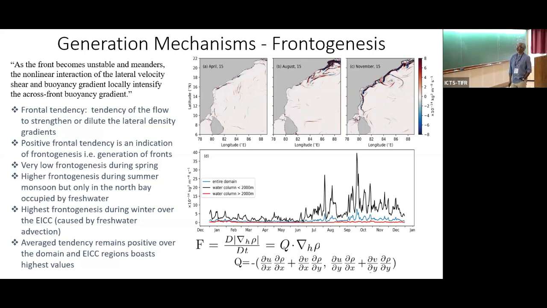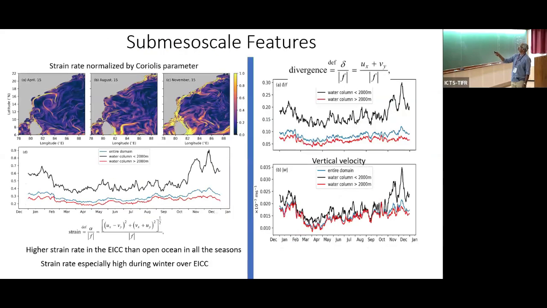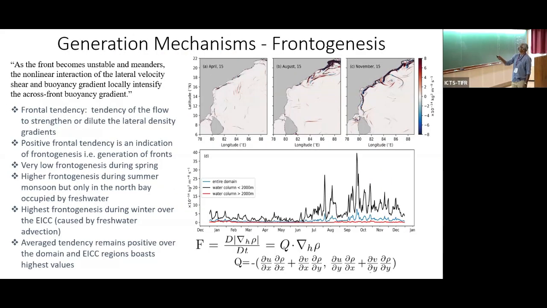So this is an indication of the tendency of the flow to strengthen or dilute the lateral density. A positive frontal tendency is an indication of frontogenesis, and a negative frontal tendency is the opposite, that's frontolysis. There is very little frontogenesis happening during spring, and a strong frontogenesis happening during the summer monsoon in the northern part of the coast, and all along the coast of India during the northeast monsoon months.